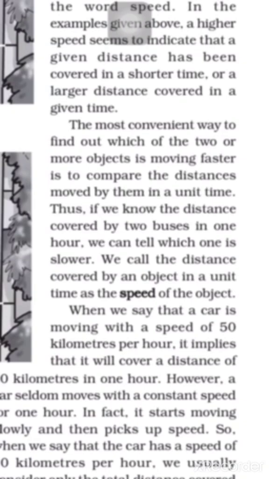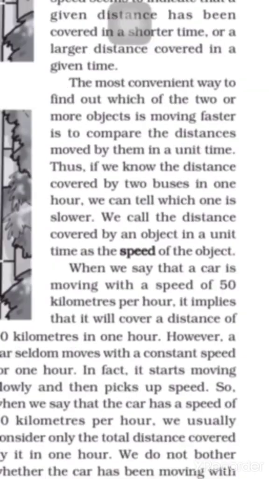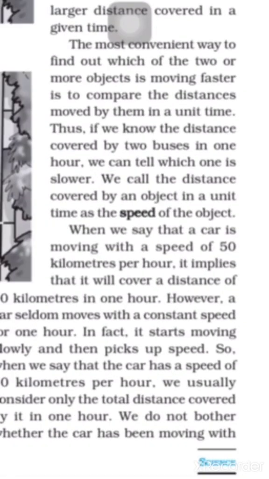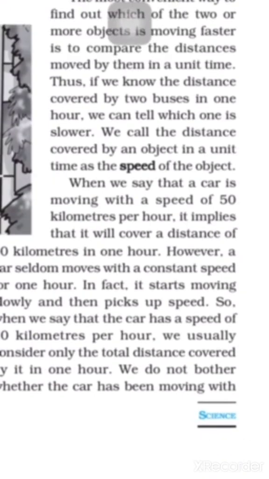Speed. You are probably familiar with the word speed. In the example given above, a higher speed seems to indicate that a given distance has been covered in a shorter time, or a larger distance covered in a given time.